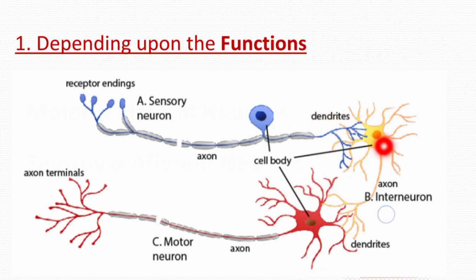So this is an interneuron in the CNS, and this red colored neuron is an efferent neuron or motor neuron, which is carrying impulses from the CNS to the periphery. So it usually gives message to the muscles, glands or blood vessels.